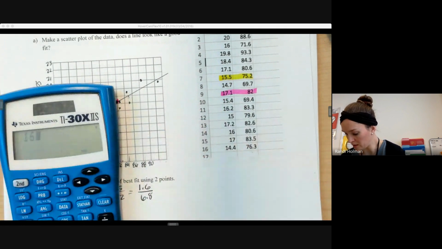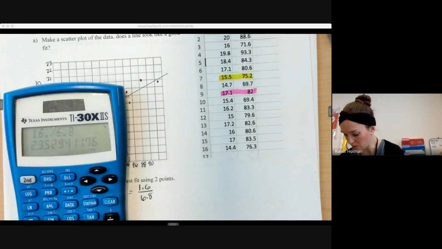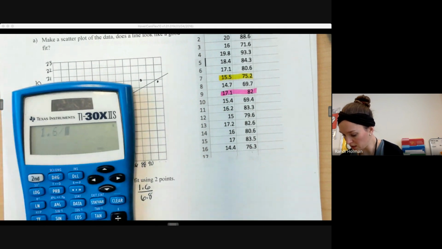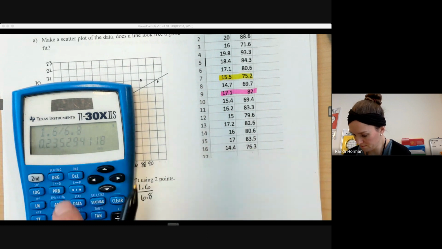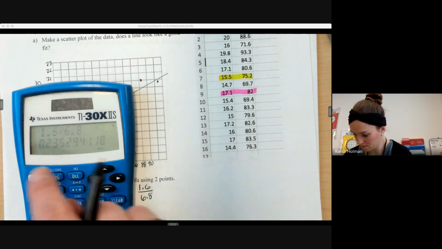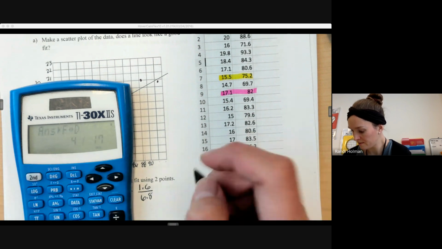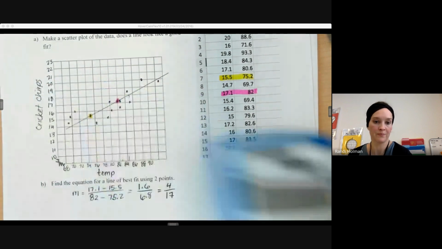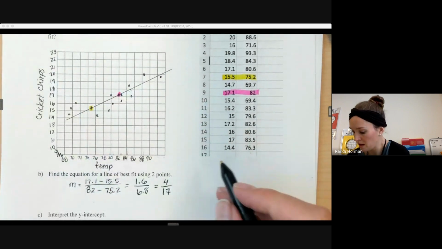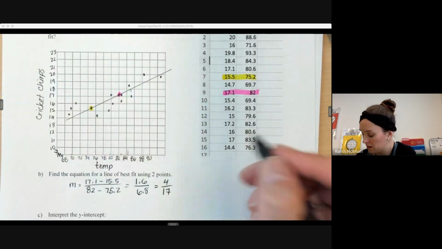So 1.6 divided by 6.8. Didn't put that in my calculator correctly. Is 4/17.